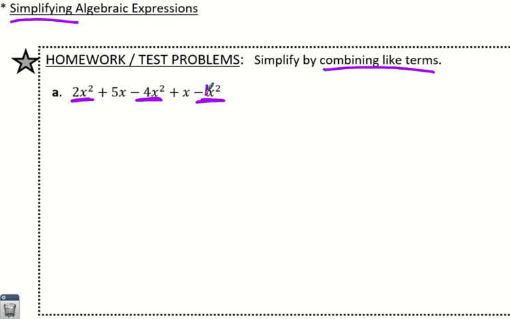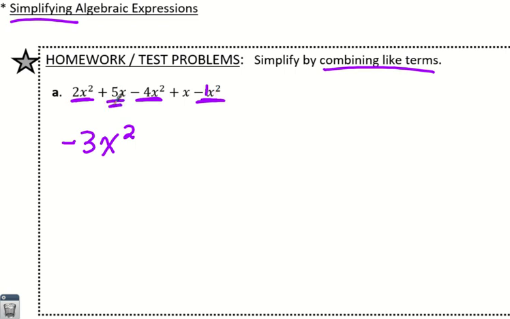It's not like we're multiplying the terms together or anything. We're just adding or combining the terms. So 2 minus 4, that's negative 2. And then minus 1 again, that should be negative 3x squared. So 2x squared minus 4x squared minus 1x squared should be minus 3x squared.